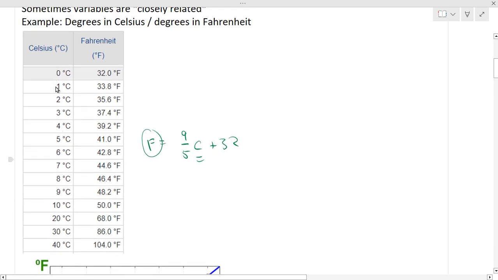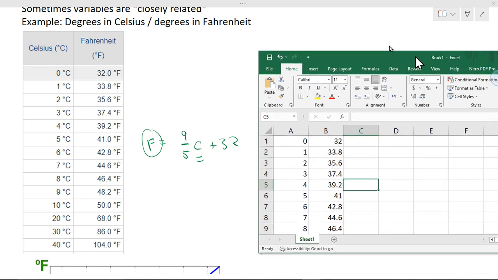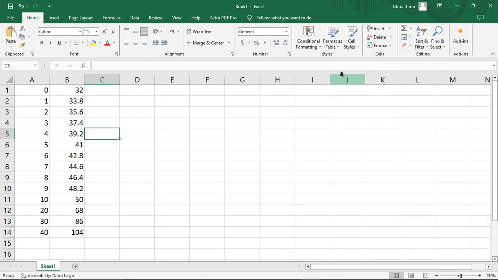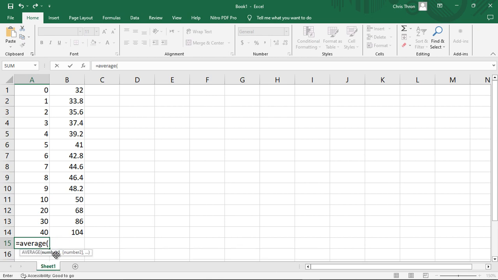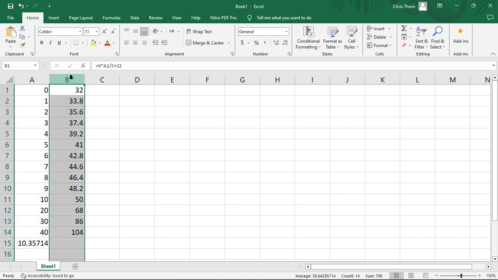So I'm going to go offline for a second and compute the mean. So I copied my numbers into a spreadsheet here. And I'm going to take the mean of each column. I think it's AVERAGE in Excel. And there we go. And I'm going to take the average of these. Okay. All right, so it's 10.35. Let me leave some space here.